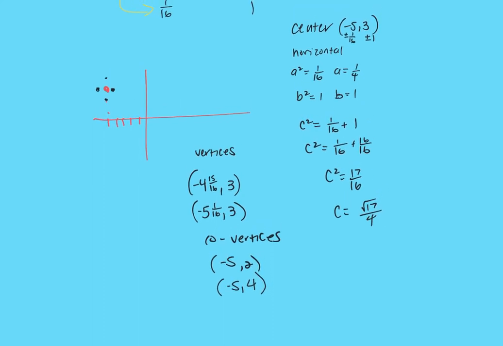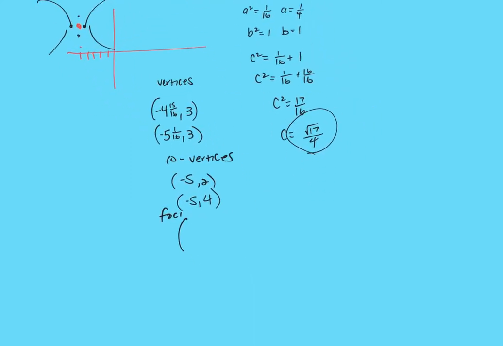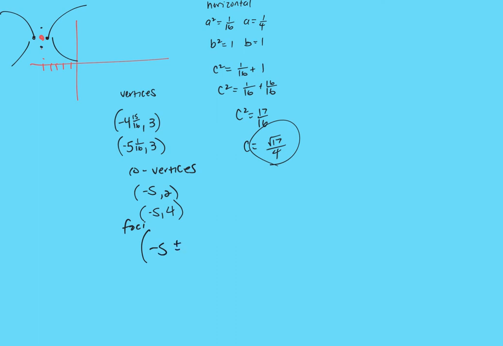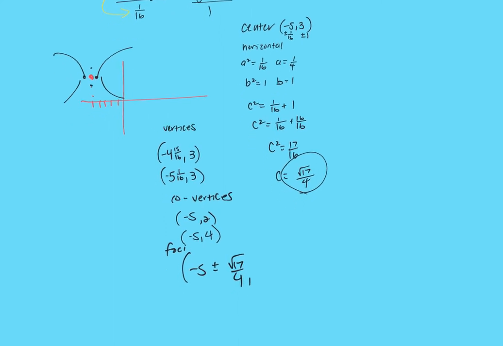And then the foci, so it's doing this, right? The foci is right and left root 17 over 4. So I'd take my center, which was negative 5. Oh, crap. Now you tell me.